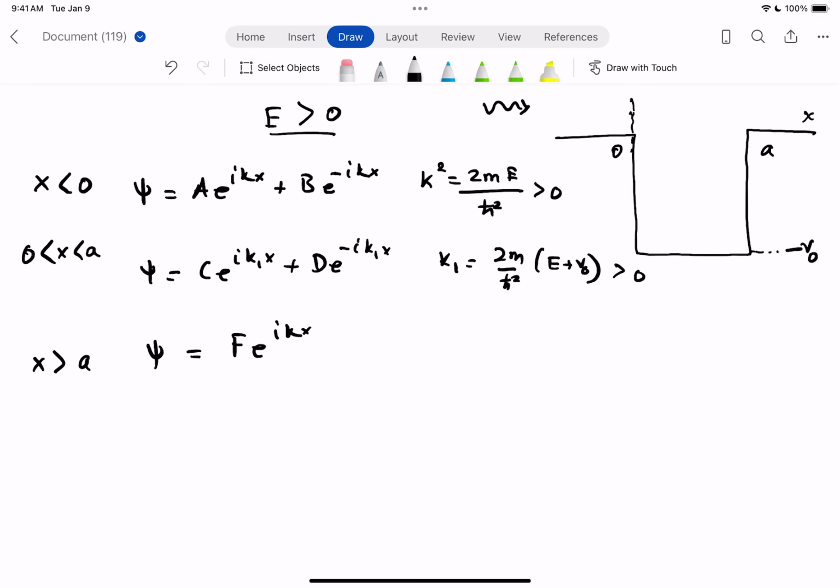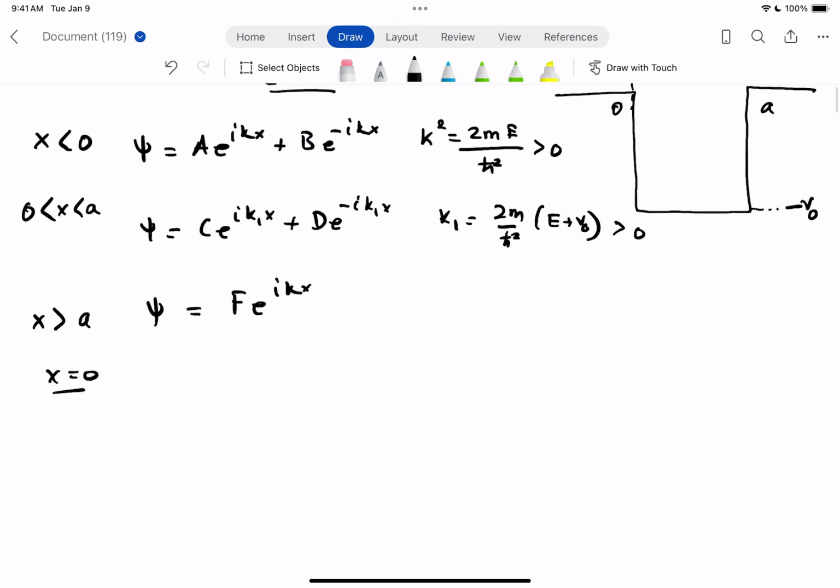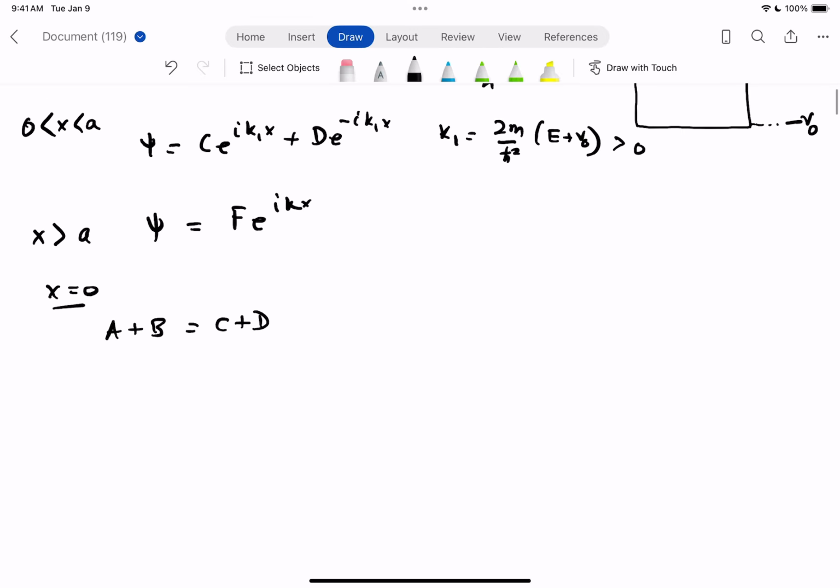Let's apply the continuity conditions. So at x equals 0, setting the psi equal, we're going to get A + B = C + D, and setting psi prime equal at x equals 0, we get ik(A - B) = ik1(C - D).